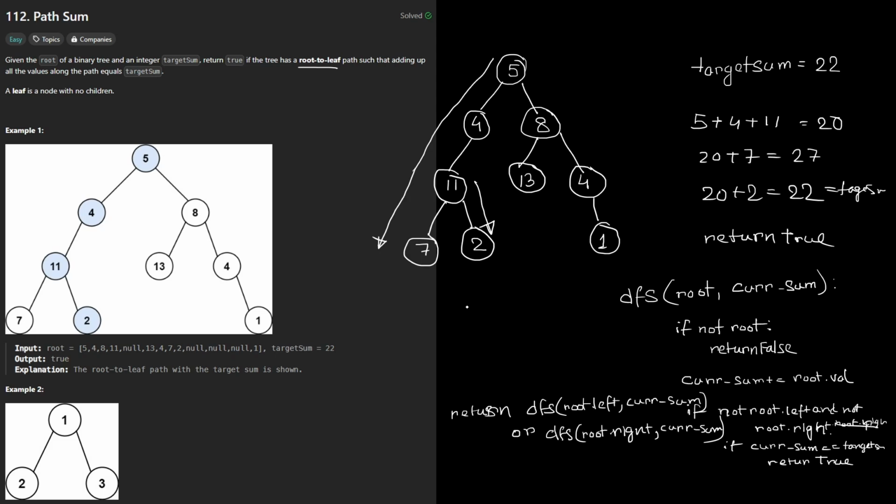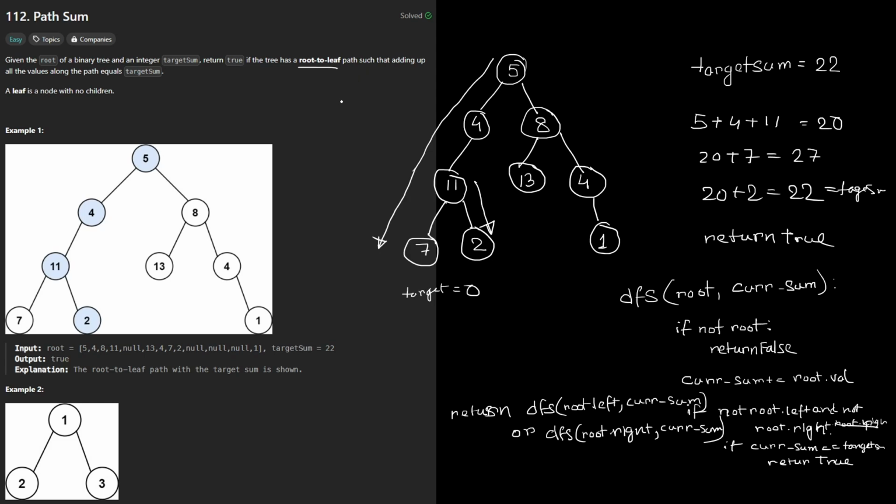And also one more thing to remember, let's say our target sum is 0, and our root is null. So we are getting an empty tree. In that case, whether we should be returning true or false, we are going to return false because it has been clearly written, from root to leaf. Means we are going to calculate the path from root to leaf.